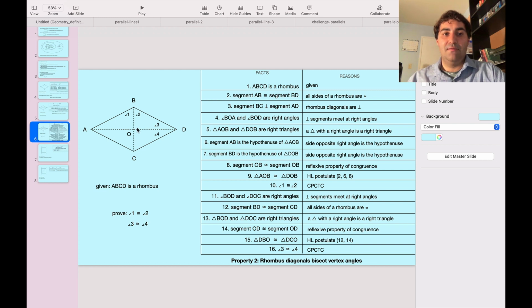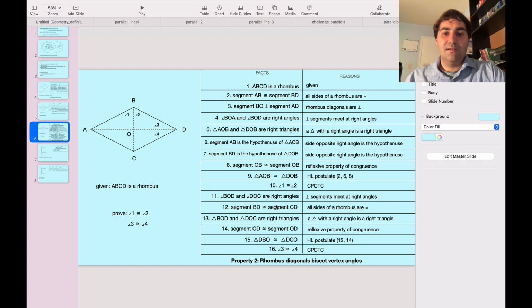So we know, since we have this right angle here, that triangle BOD and triangle DOC are right triangles, right? A triangle with a right angle is a right triangle.